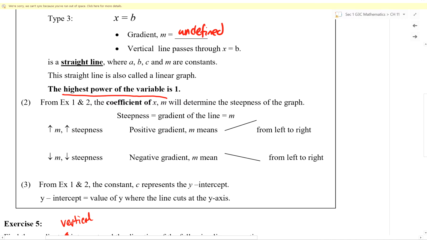When the m value is positive, it means it slopes up. So right over here, slopes up. When the m value is negative, it means it slopes down.